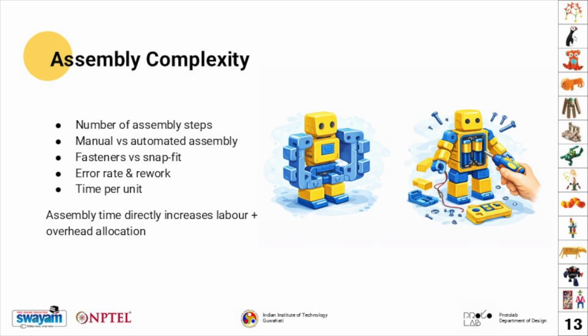Assembly time is often measured in seconds per unit. If a simple toy takes 40 seconds to assemble and a more complex one takes 2 minutes, that difference scales dramatically at production volumes of 50,000 units. Longer assembly time reduces output.